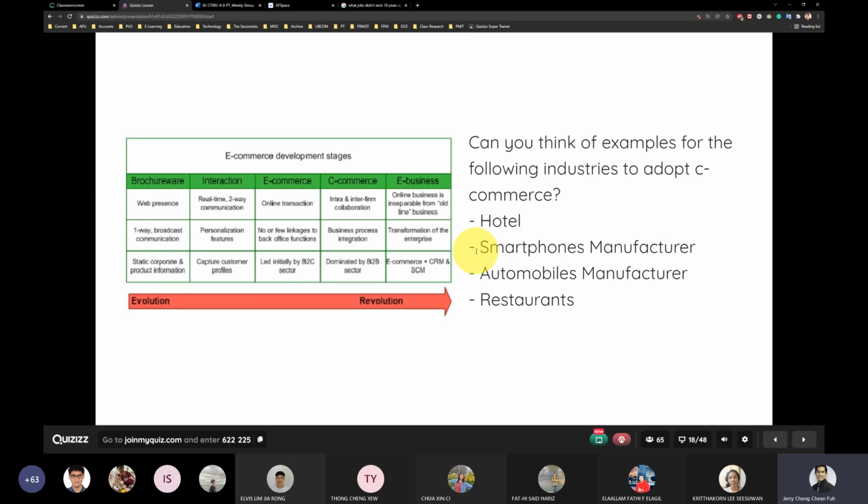Who can you think of other businesses that the hotel can work with in order to provide better services and better solutions to the hotel's guests, for example? You mean one type of business or exact business? Any. It can be any type of business. But who can hotels work with? What's the first thing that comes to mind?